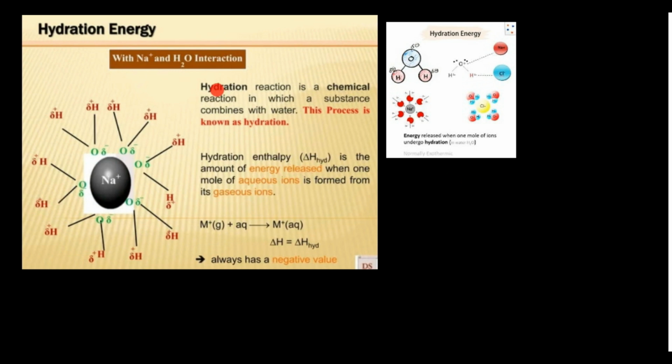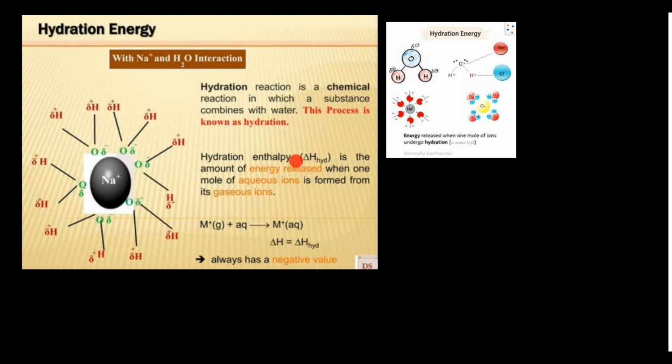First of all, you should know what hydration energy actually is. Here it is written: a hydration reaction is a chemical reaction in which a substance combines with water. The process is known as hydration.